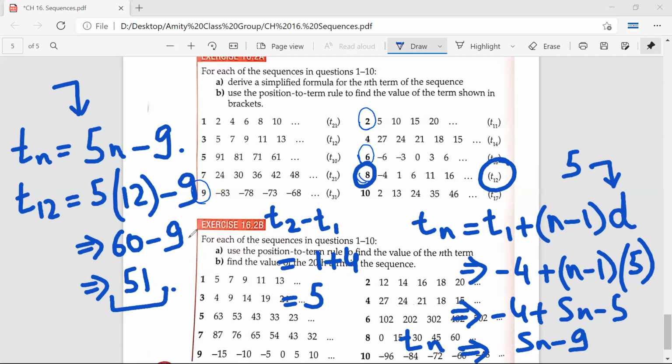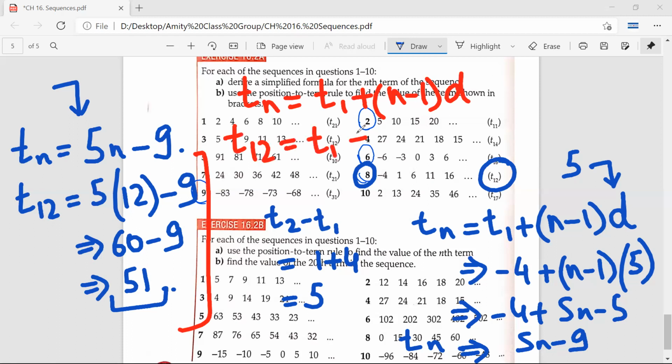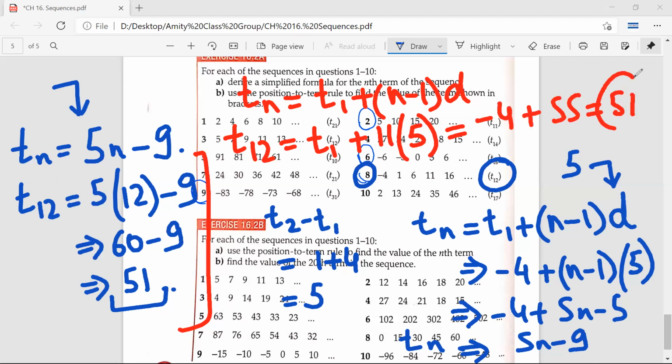Or if you say I don't want to use this method, you can use Tn is equal to T1 plus n minus 1 into D. So T12 is equal to T1 plus 12 minus 1, which is 11, and your D is 5. Your T1 is minus 4 plus 55, and your answer is 51. This 51 is the same as this 51. Sanvi ji, any doubt? No, sir.